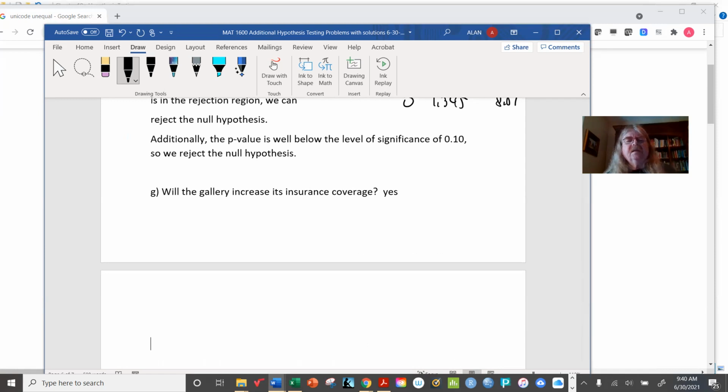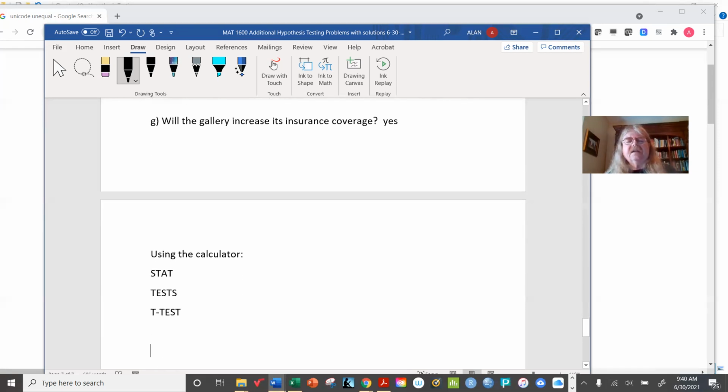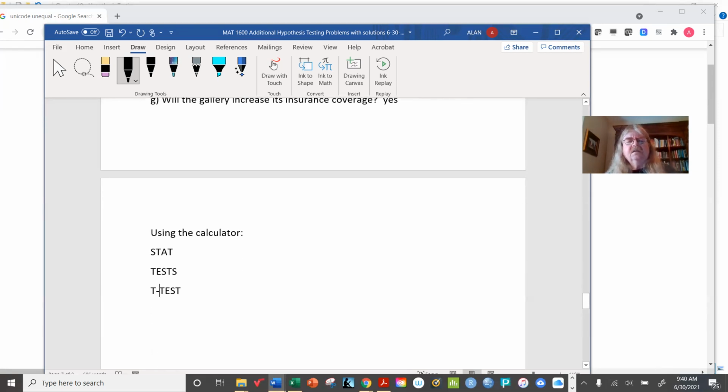Now, if you want to run through this with a calculator, what you're doing is once again stat tests, t-test. Make sure you choose t-test because we do not know the population standard deviation. Okay, so let's go get it.